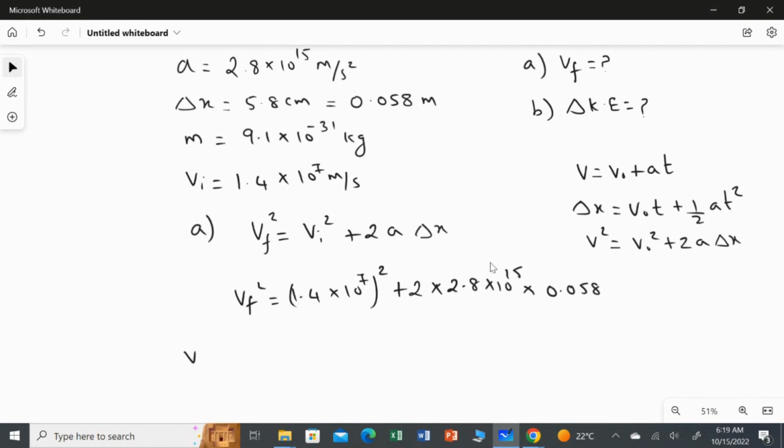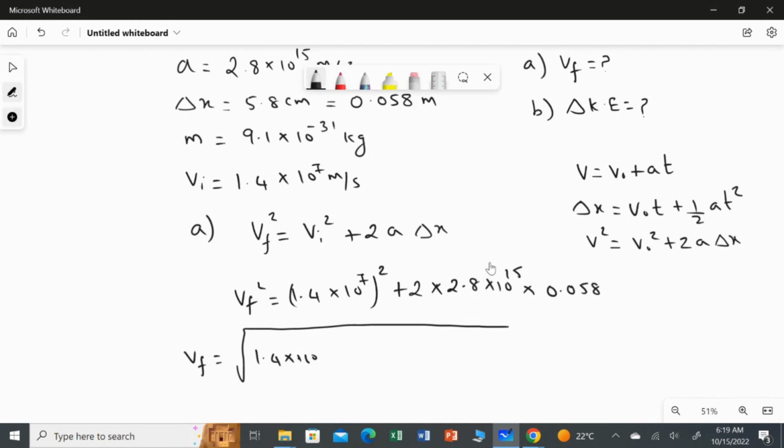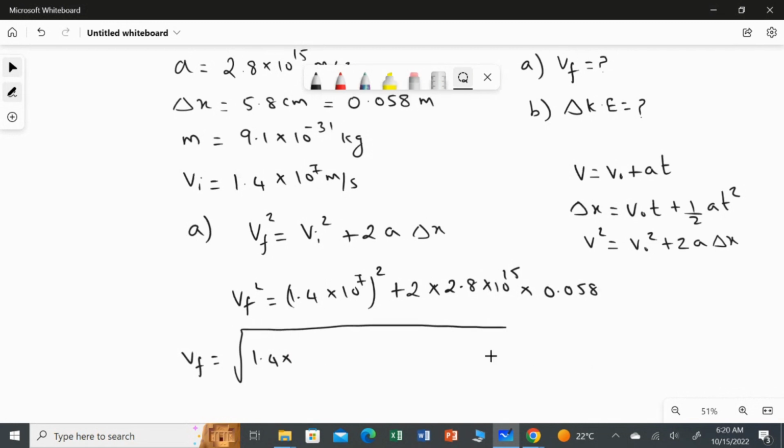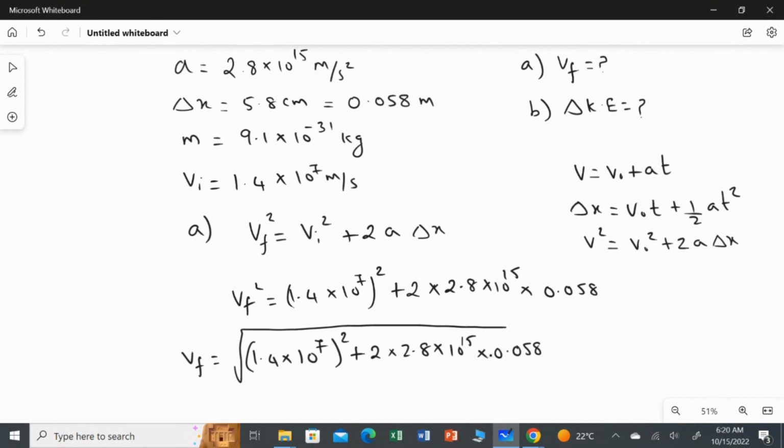So by that, this equation will become vf = square root of (1.4 × 10^7)^2 + 2 × 2.8 × 10^15 × 0.058.